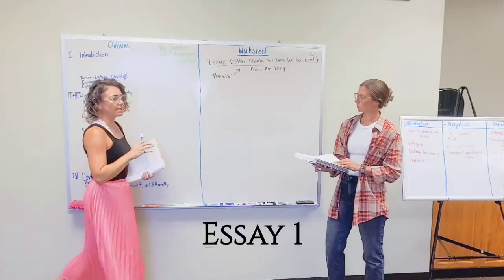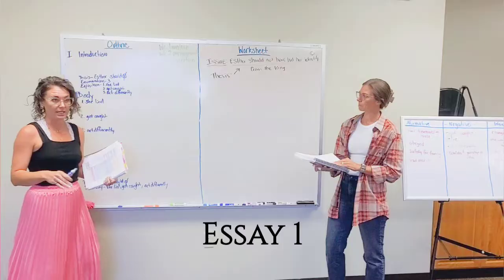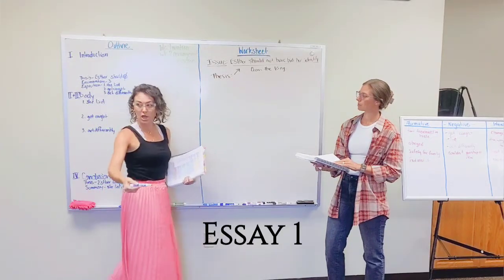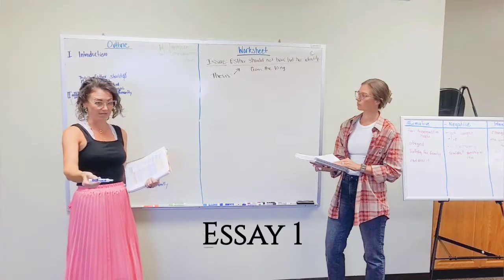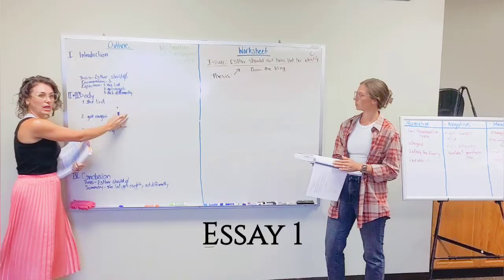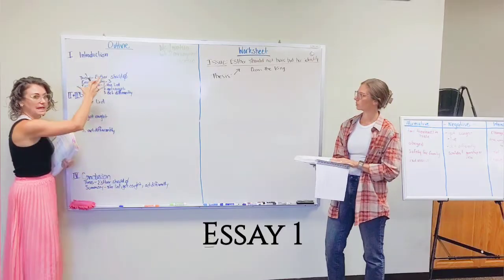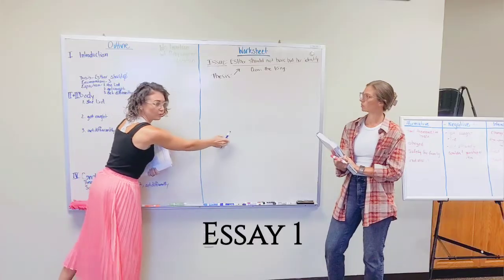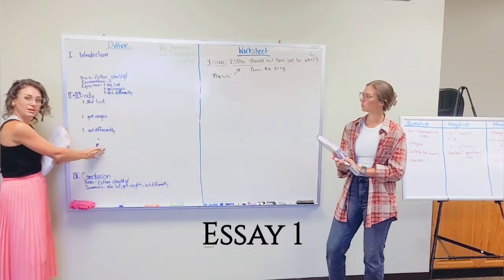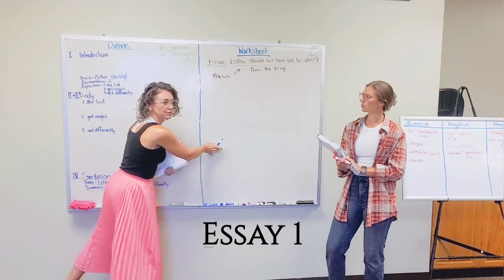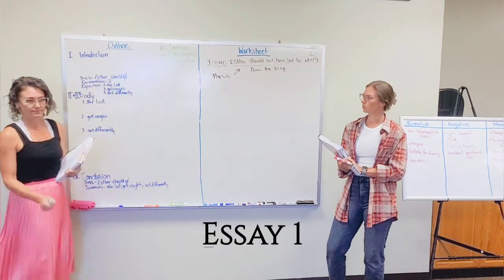So just to reiterate, because it can feel really redundant in the beginning, the reason we're doing the order of development is so that they think it through logically, okay? It's a thinking process. And then it feels redundant, but we copy it onto the outline so that it is ready to be typed out. If you do not go from the order of development and recopy it onto the outline, when they go to type it into an essay, they will get the outline wrong every time.